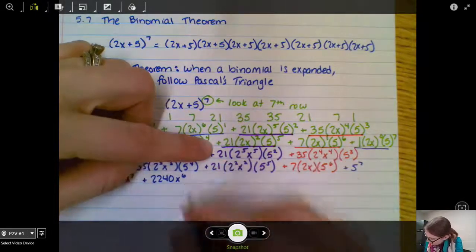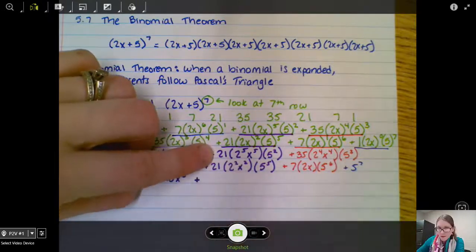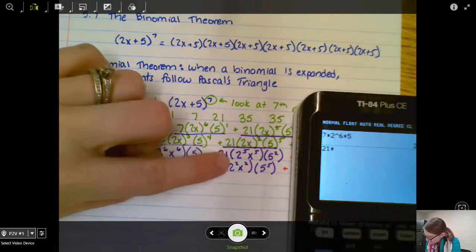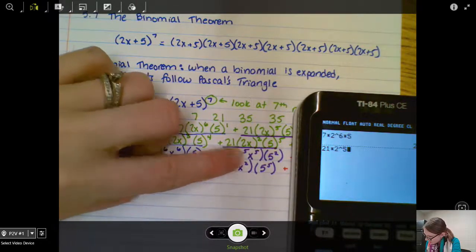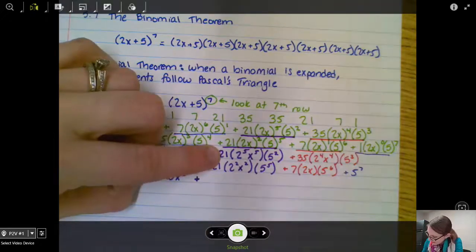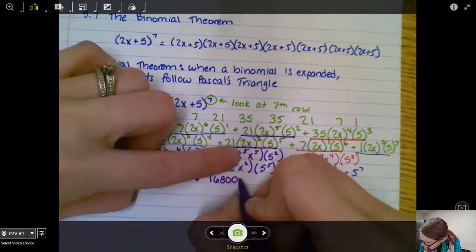My next term here, I need to take 21 times 2 to the 5th power times 5 squared, which is 16,800 x to the 5th.